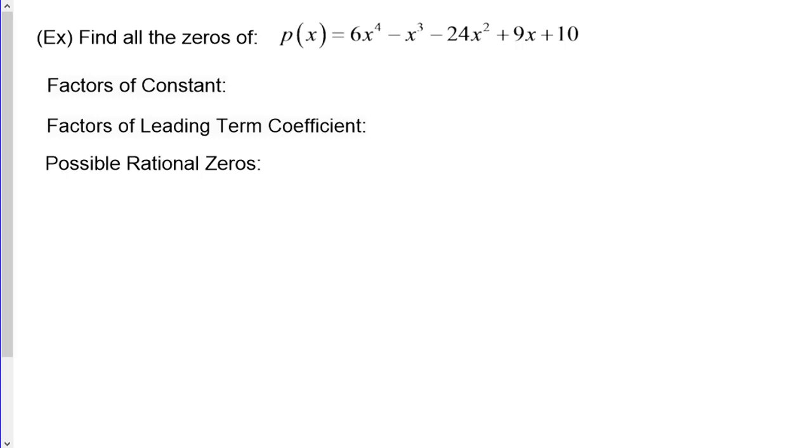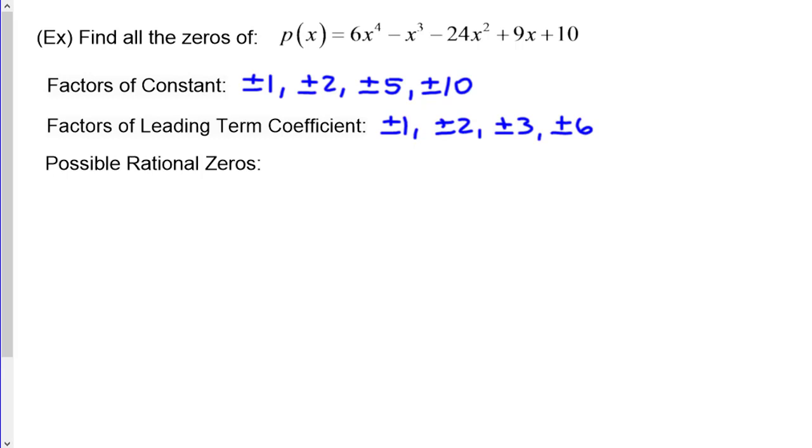I start by listing factors of the constant. The constant's 10, so it could be 1, 2, 5, or 10 itself. Factors of the leading term coefficient, since it's 6, could be 1, 2, 3, and 6.